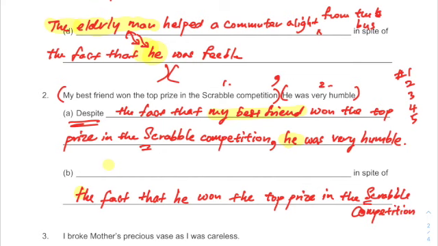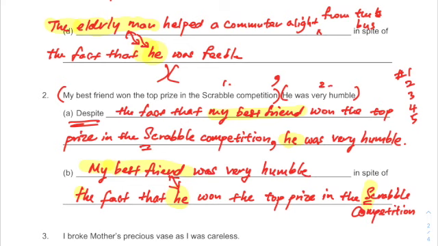Scrabble must be capital S. Be careful over here. This must be capitalized. He has to switch places with my subject later. So, my best friend was very humble. And here, my best friend changes places with the pronoun he.